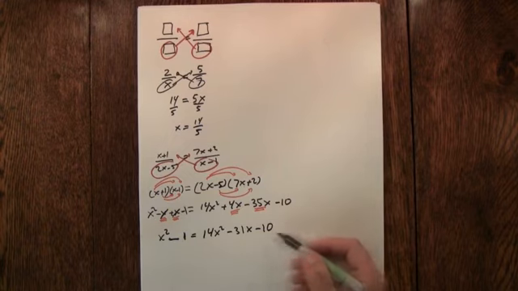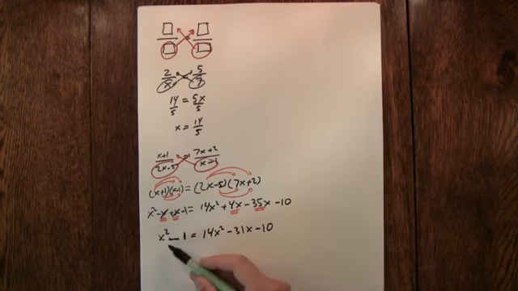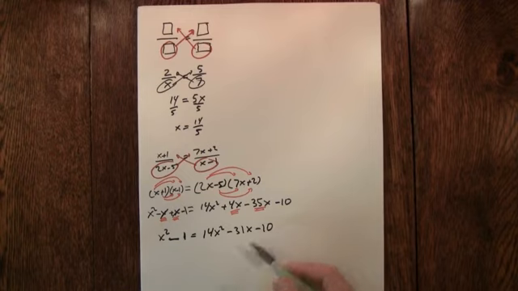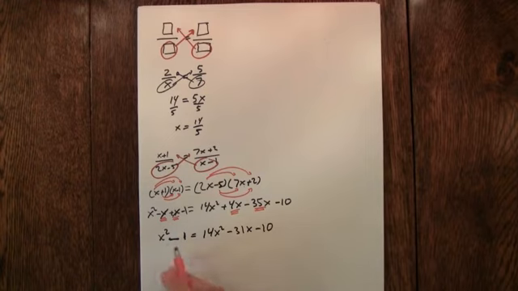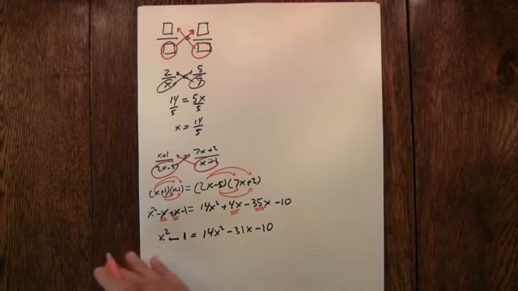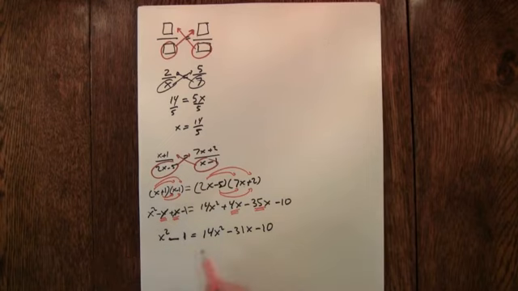And this brings us to another type of question that you end up getting in mathematics, where you bring everything to one side of the equation. If we wanted to solve for this, I'd like everything on the left side, but I want my first x squared to be positive.